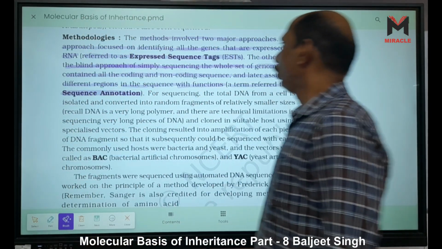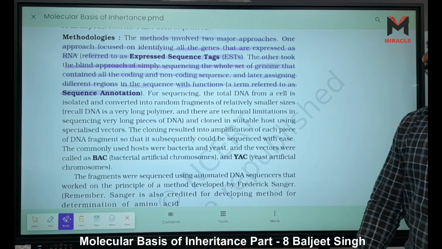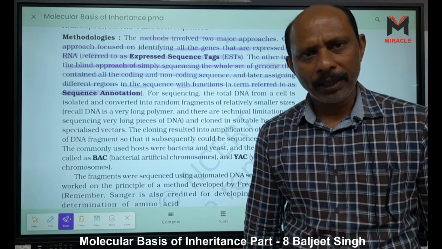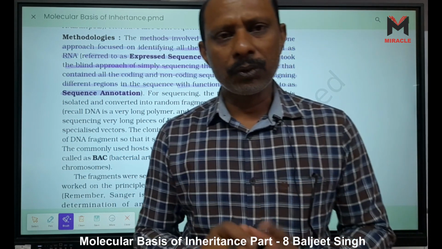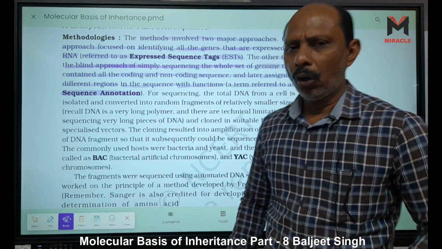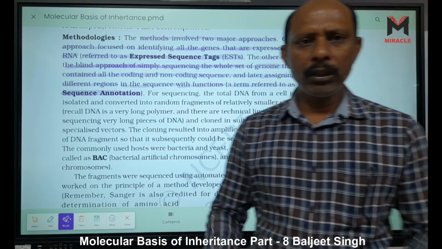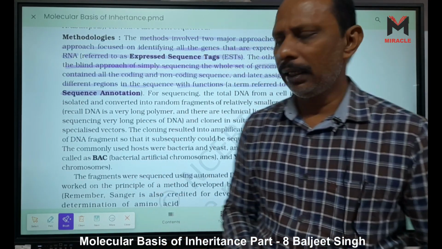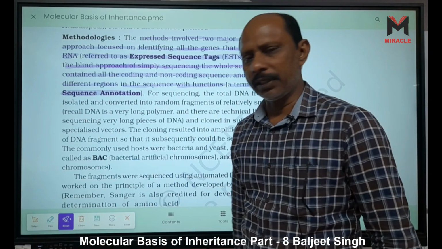So, two major approaches are there. First, expressed sequence tags, only genes which can express in the form of messenger RNA. Second, all the regions of DNA, meaning all the nucleotides present in DNA, will be sequenced.